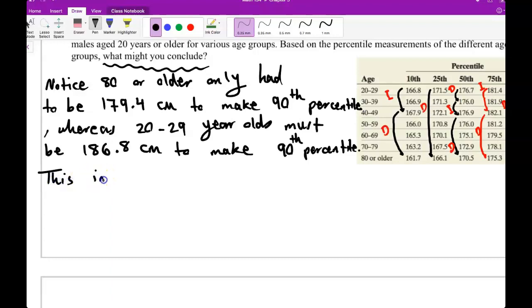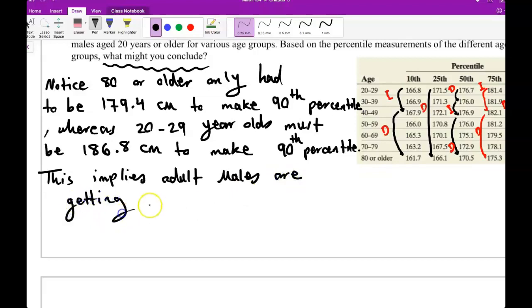This implies that adult males are getting taller. So this is our conclusion.